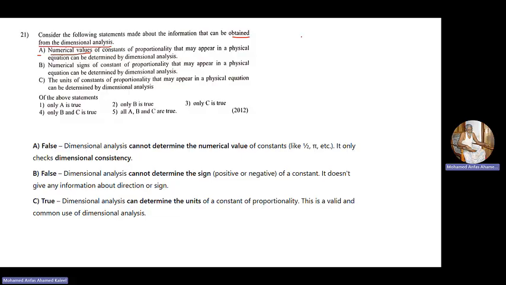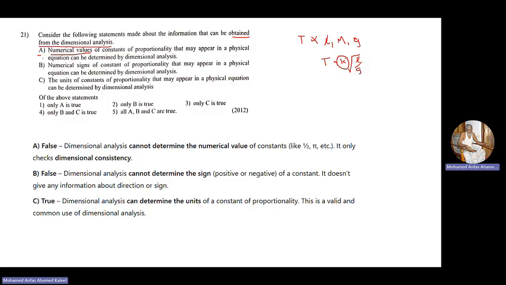In our previous chapter we did the pendulum: T is proportional to L, M and G. Then finally we found the equation T = K root L over G. In that sense, the value of K we could not determine using dimensional analysis. So statement A is false.